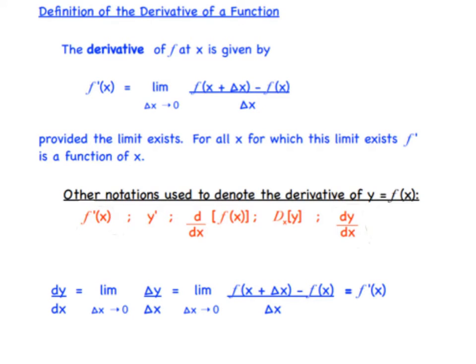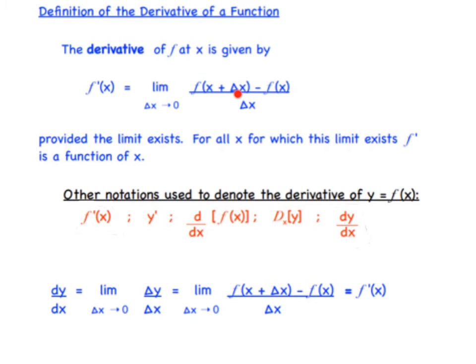Now this screen is full of notation. That's really all it is. It's just a bunch of notation. So here's derivative notation. It says the derivative of f at x is given by this notation. And it means the limit, I'm giving you some different notation, as delta x goes to 0 of f of x plus delta x minus f of x over delta x.